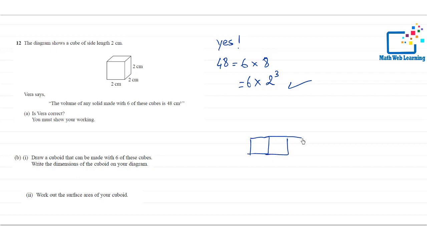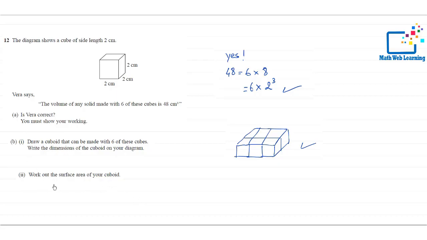We'll do 3 by 2, 3 at the front, something like this, just 2, so make it 1, 2, that's it. I told you I'm not the best drawer. Yeah, I've got 1, 2, 3, 4, 5, 6, so that is part BI done.